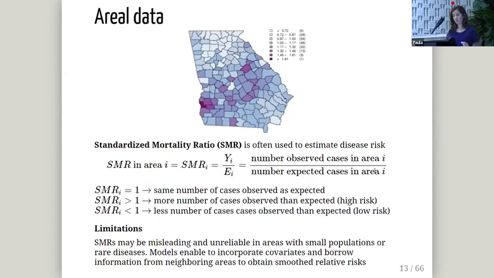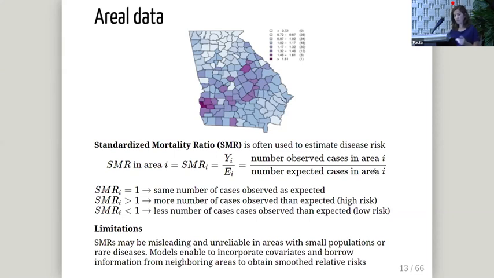If we have the same number of cases observed as expected, SMR is equal to 1. If we have more cases observed than expected, SMR is greater than 1, and the area is a high risk area. And if we have fewer cases observed than expected, SMR is less than 1, and we have a low risk area.